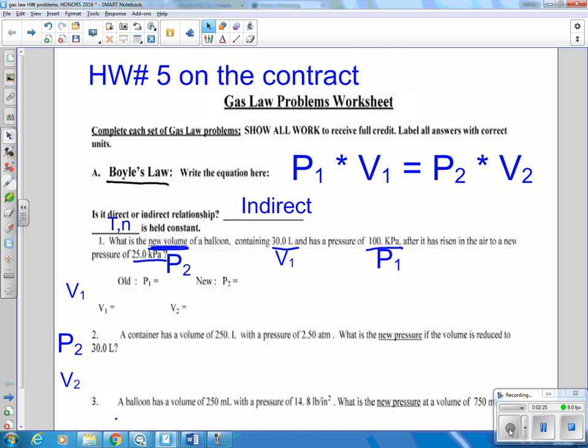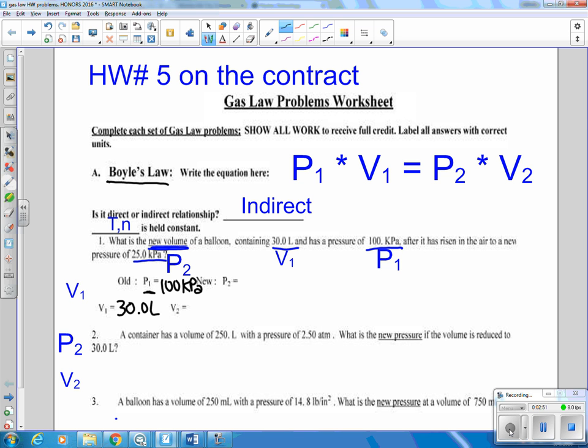As you're reading through the questions, you'll be doing this for all the assignment questions on this homework, figuring out what is a volume and what is a pressure. So for this set of problems, pressure 1 is going to be 100 kPa, and volume 1 is going to be 30 liters.